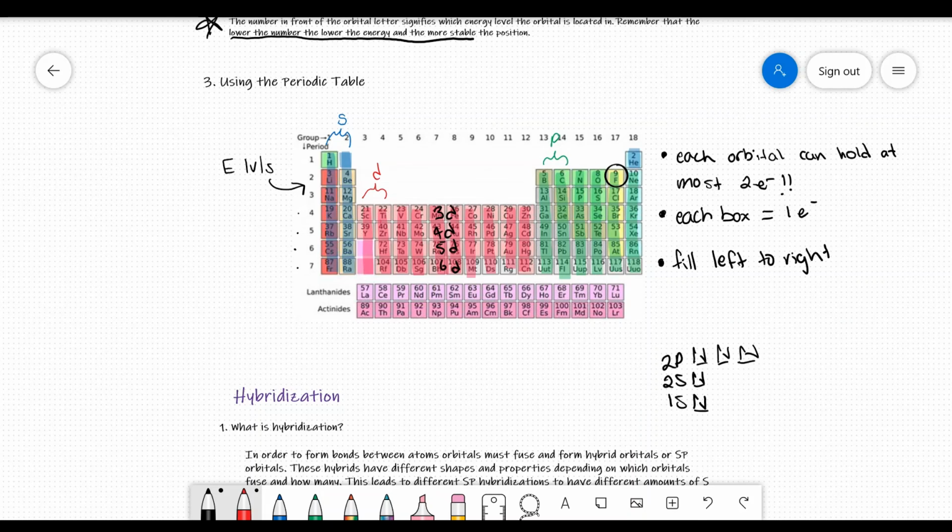Now remember that we want to mainly look at its valence electrons. Now if you don't already know how to draw a Lewis dot structure or an orbital structure, I would definitely go and review that before moving on. So you should also know what valence electrons are. They're going to be our outermost electrons in our shell.